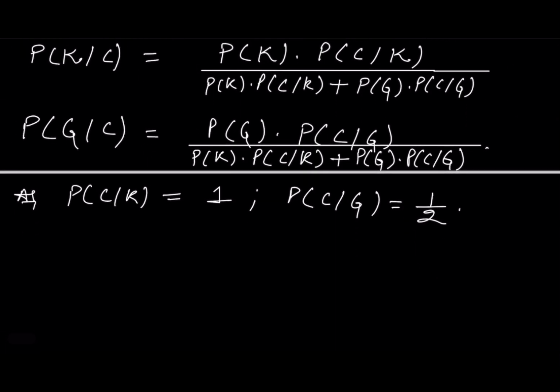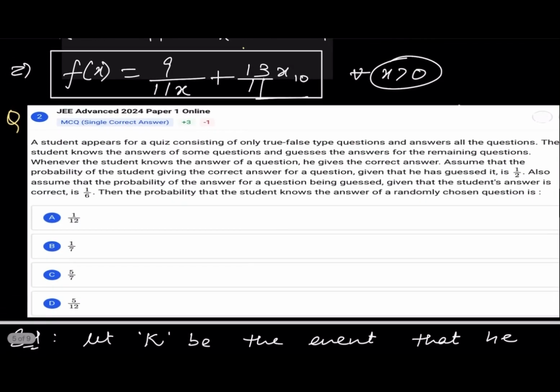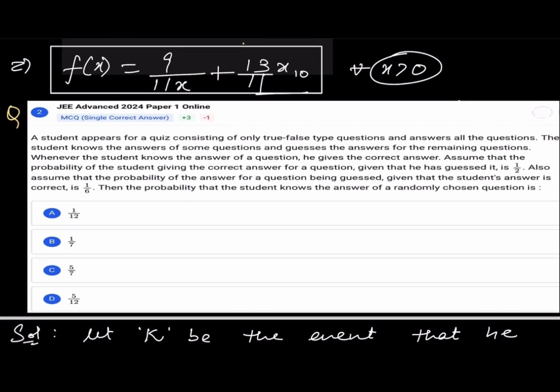And one more thing is also known, which is the probability of guessed answer when it is correct is 1 by 6. Again, it is written that the probability of the answer for a question being guessed given that the student's answer is correct is 1 by 6.